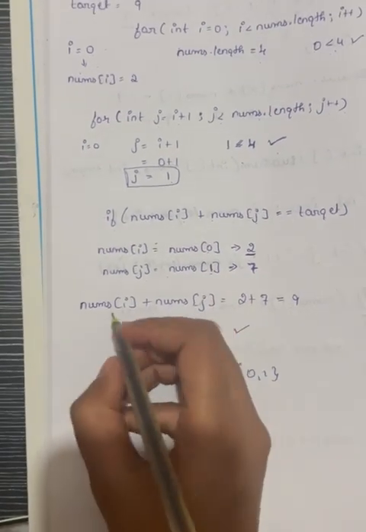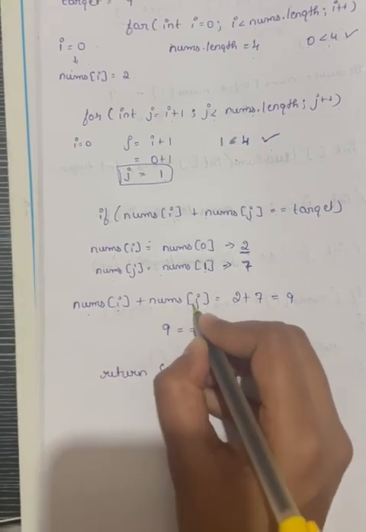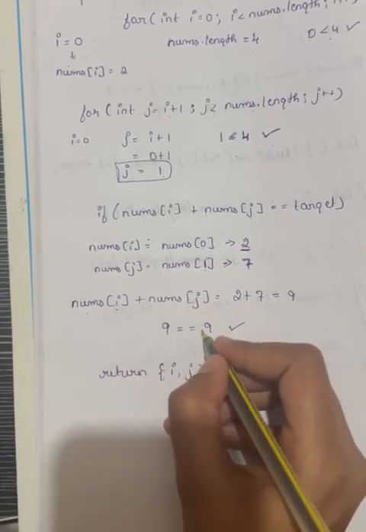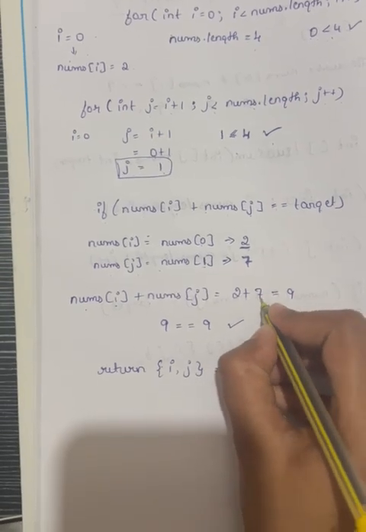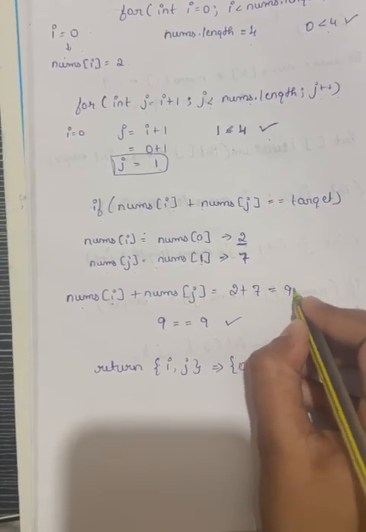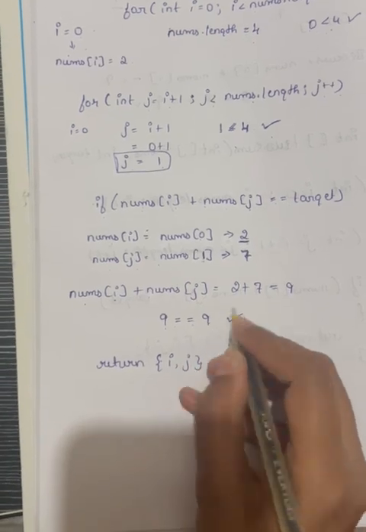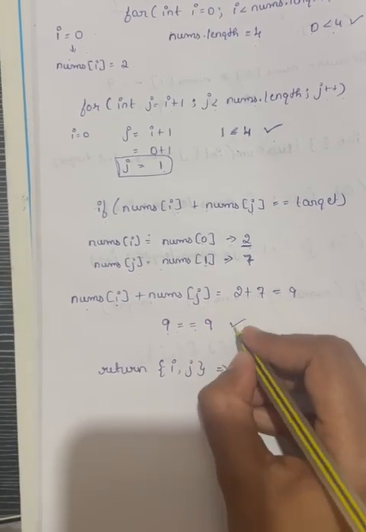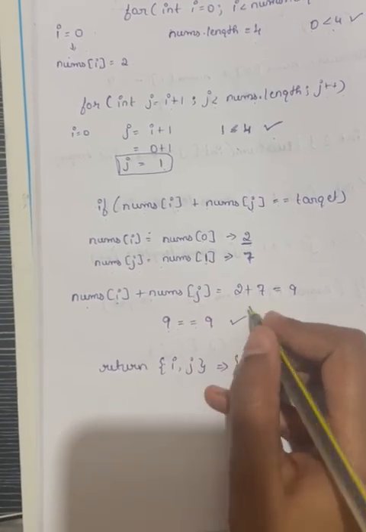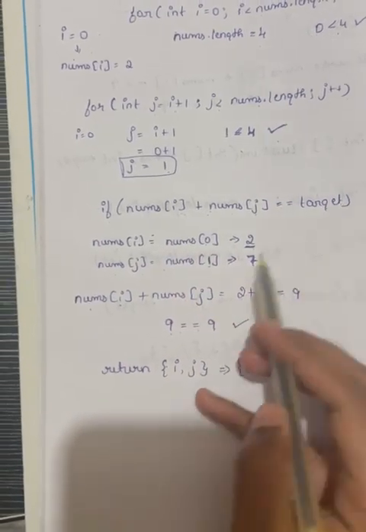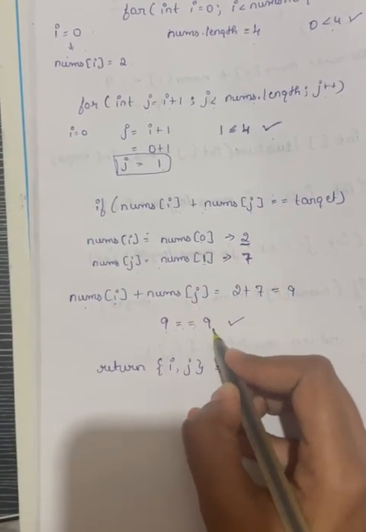Now what I am doing is nums of i plus nums of j, I'll be summing the two index values, that is 2 plus 7 is equal to 9. 9 is equal to 9. I'll be comparing the value with the target, which means nums of i plus nums of j is equal to target, 9 is equal to target.